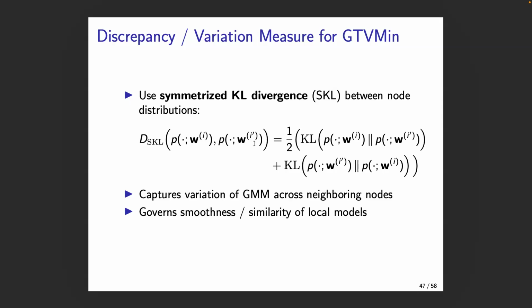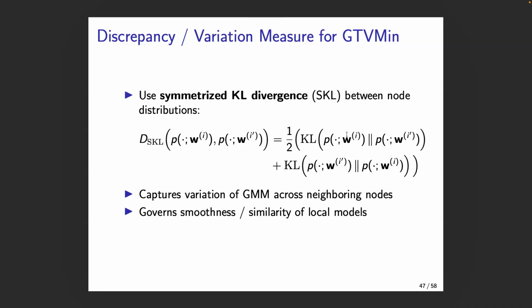So in order to make it symmetric, we introduce this symmetrized KL divergence. Basically it's just the sum of the KL terms from one node to another and in the opposite direction.